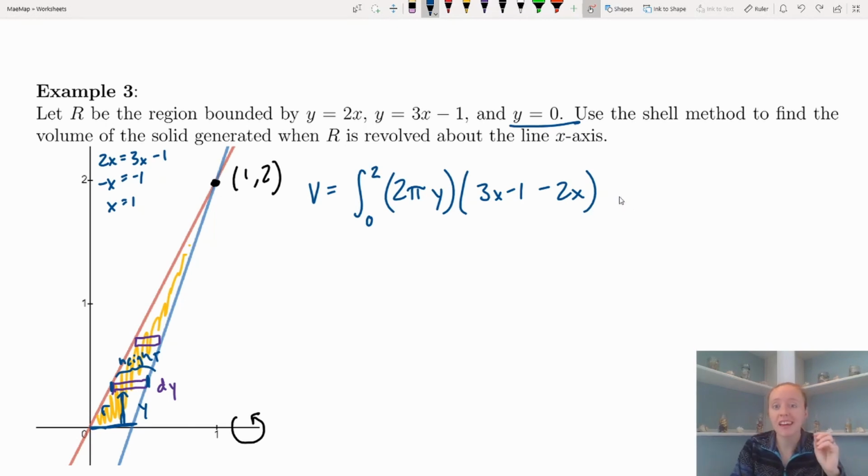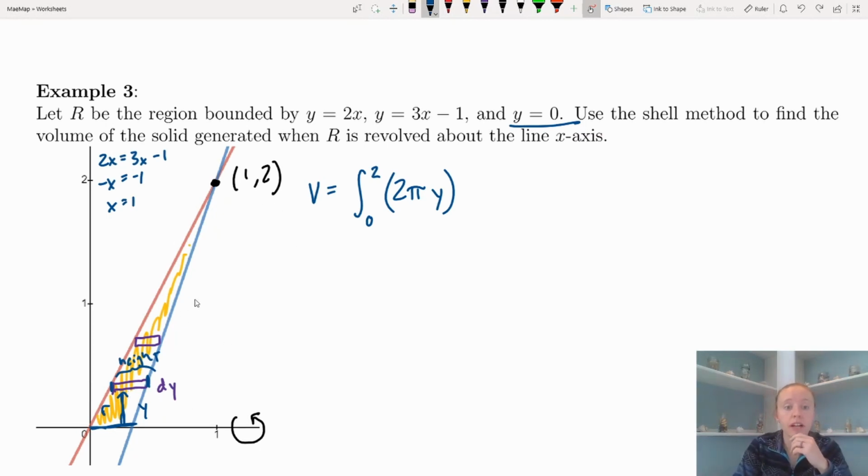But wait a second, if I'm integrating with respect to y, do I want x's in here? No. So I'm going to change this to rewrite the functions in terms of y, because my height is really based on what my x value is. It's this x value here minus this x value there. That x value on the right minus that x value on the left, but I get that because it's a function of y.